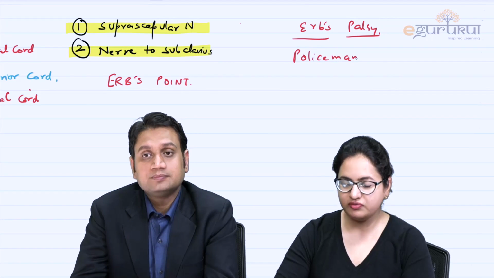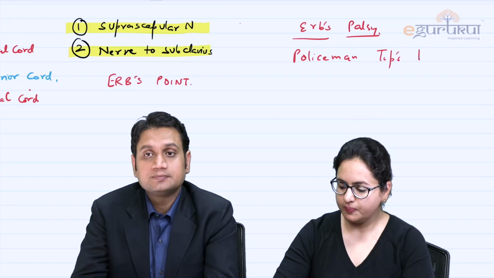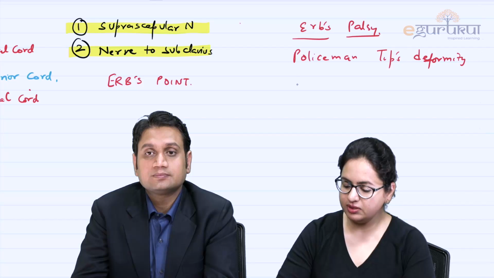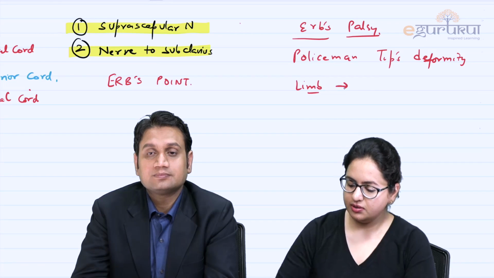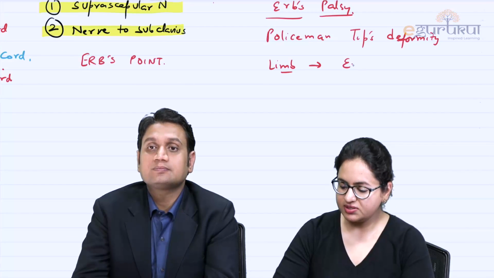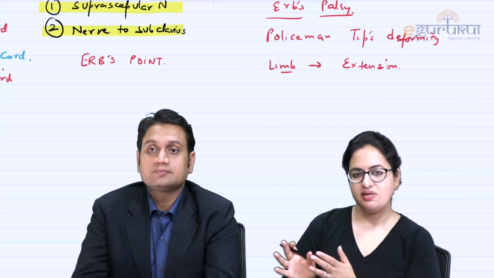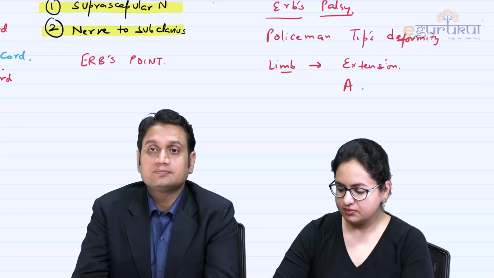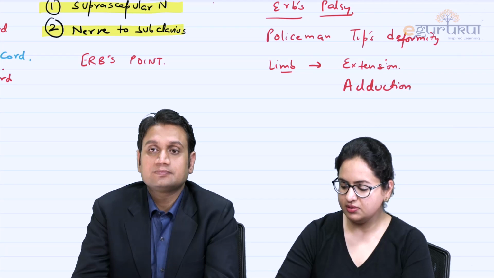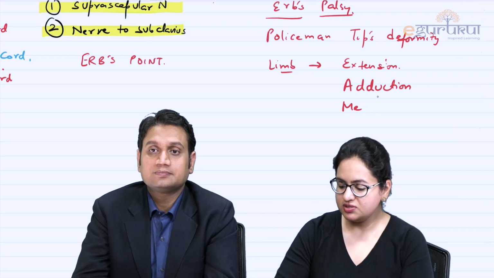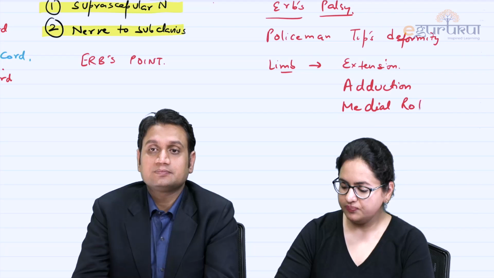What is the attitude of the limb in policeman's tip deformity? The upper limb goes into extension at the level of the elbow. Then the limb is adducted. Then the upper limb is medially rotated. And at the level of the forearm, it is pronated.